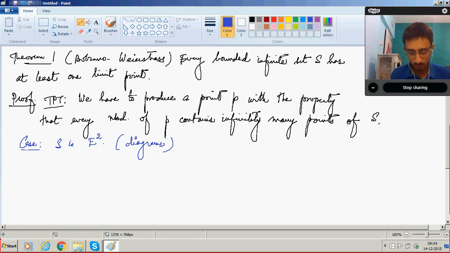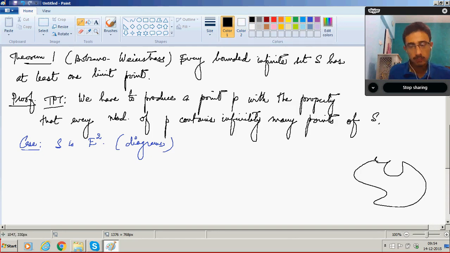Now I think you too can produce the proof if I show you a little statement. If a set is bounded in any fashion, it can be bound by a rectangle. This is the idea we use.